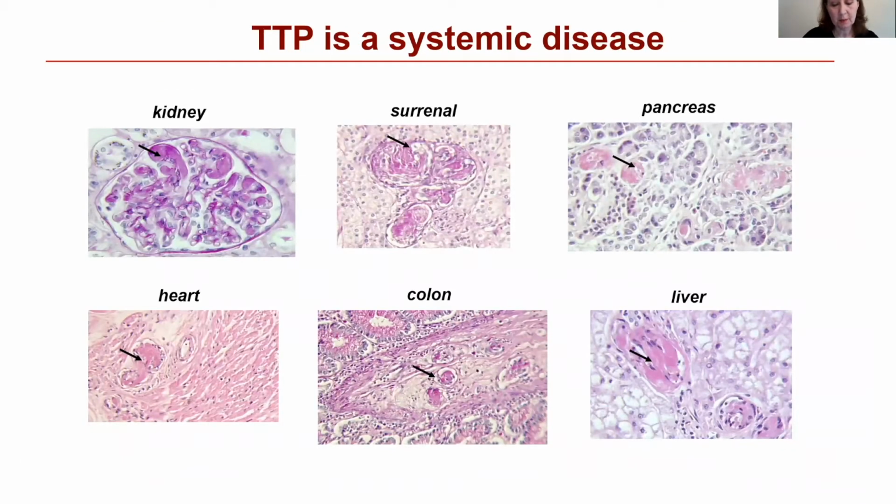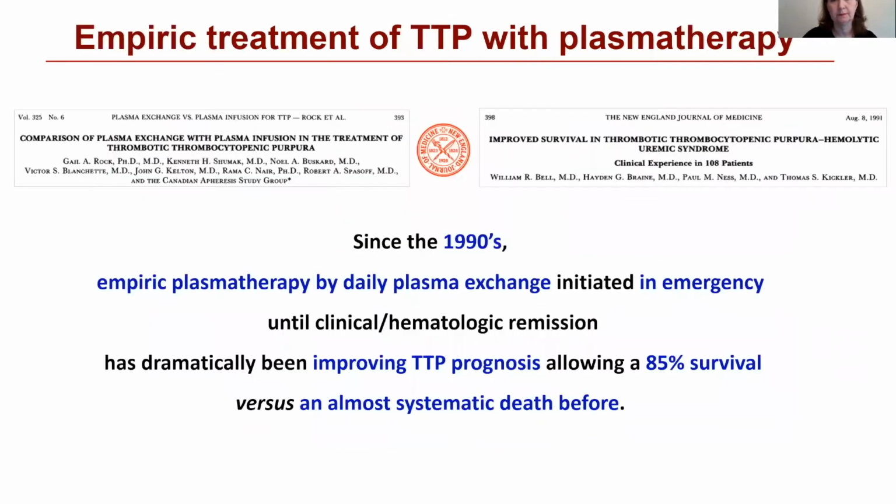At this time, the prognosis of TTP was devastating, and anatomopathology of patients' necropsy interestingly revealed that the microthrombi were present in all organs, strongly suggesting that TTP was due to a systemic microthrombotic process. The 90s were a major breakthrough in TTP treatment thanks to Rock and Bell's groups.